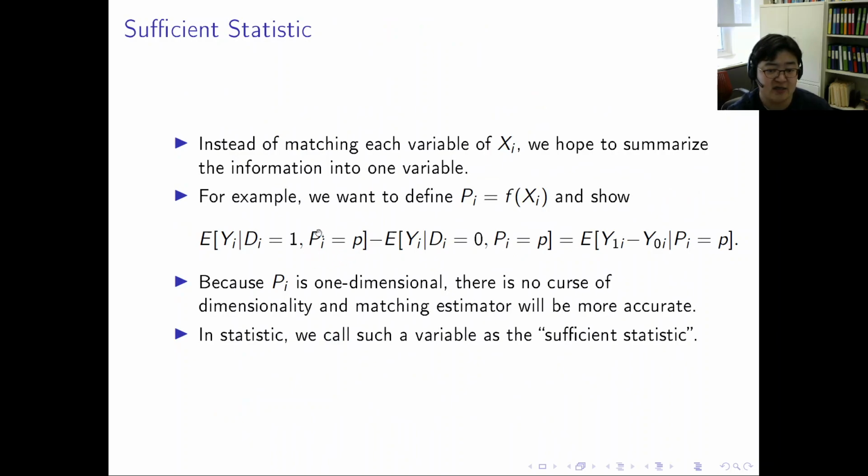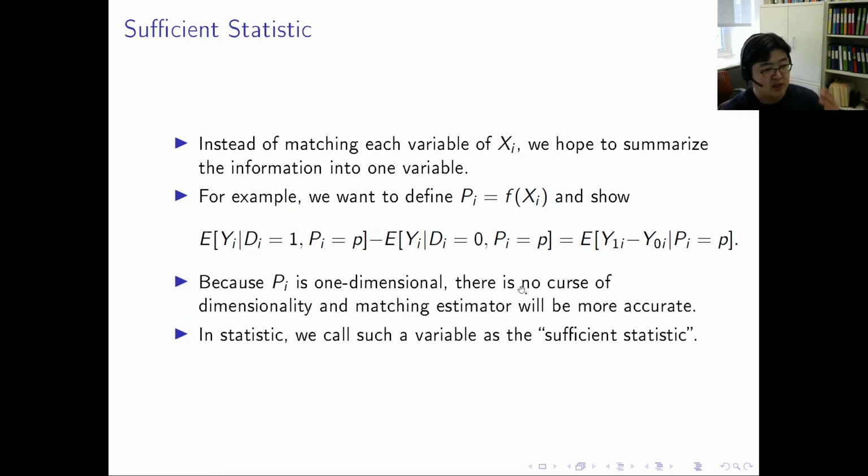If you can find this kind of variable, then you don't need x itself, but p is good enough for our purpose. We just wanted to express the potential outcomes using observed variables. That's our main reason for using this equality, and p can do that, right? And also in this case, because p is one dimension, there is no curse of dimensionality.